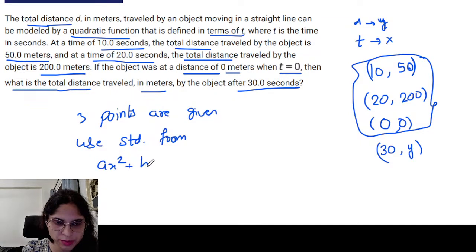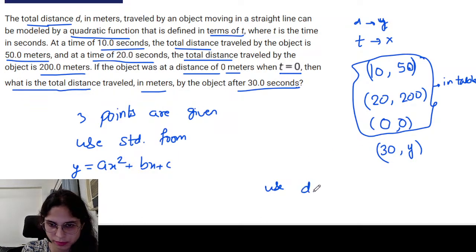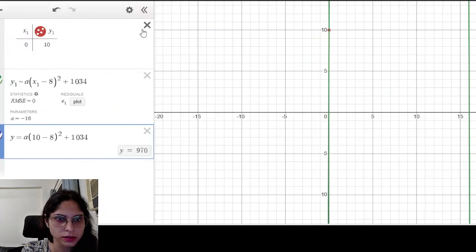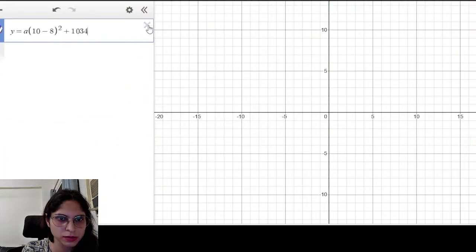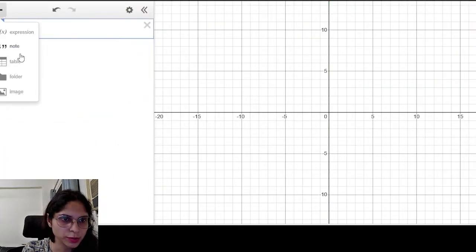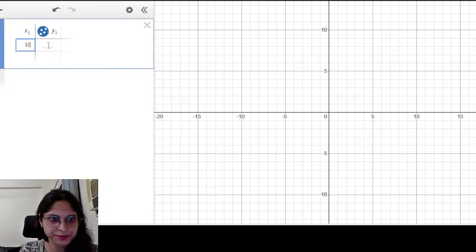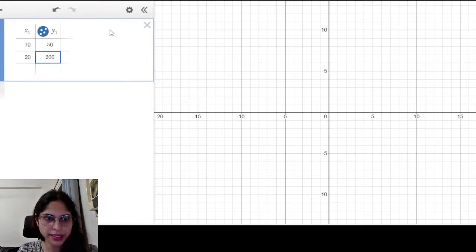Ax square plus bx plus c, and put these 3 points in table. So your points are 10, 50, 20, 200, I guess.